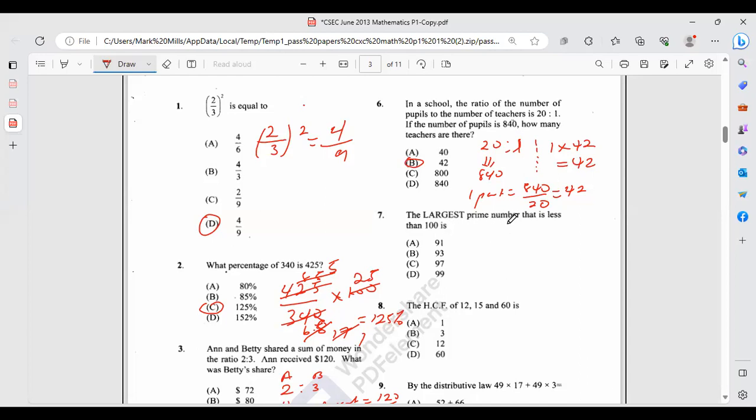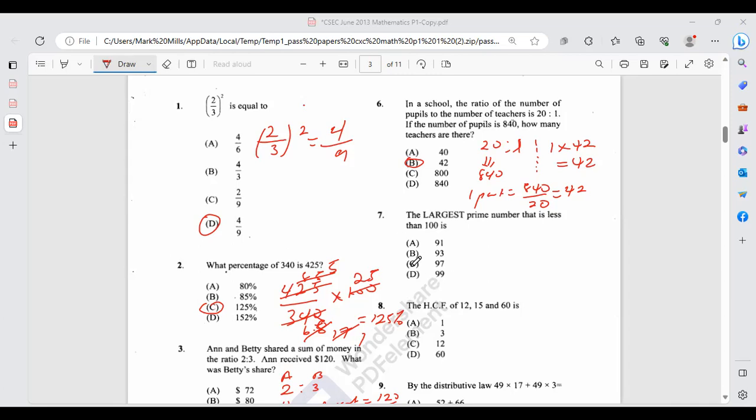Number 7. The largest prime number that is less than 100 is, what's the largest prime number here? What is a prime number, by the way? Sir, can we divide by 1 and itself? Right. So which one is the largest prime number you see less than 100? 97.